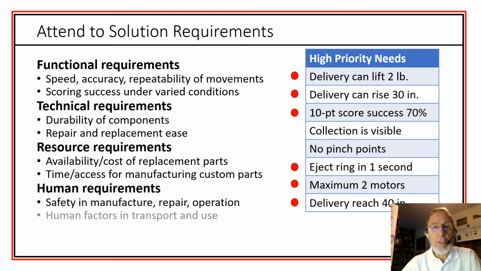And finally, the human requirements, safety, as I mentioned previously. Safety in manufacturing, when we're repairing, when we're operating, and also just the human factors, the way in which the operators interact with it. Is this really smooth and effective to make our design really effective? So you can see that based on the requirements we defined earlier, there are some things we need to keep in mind as we complete this assembly process.